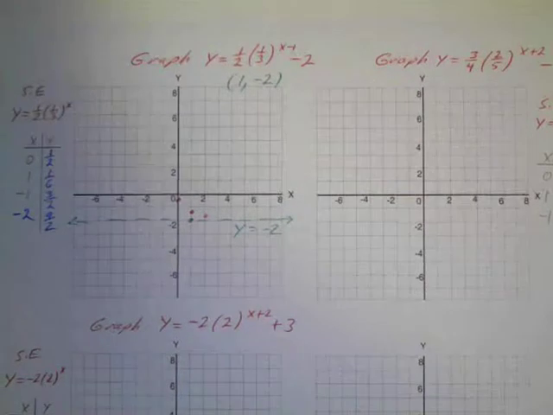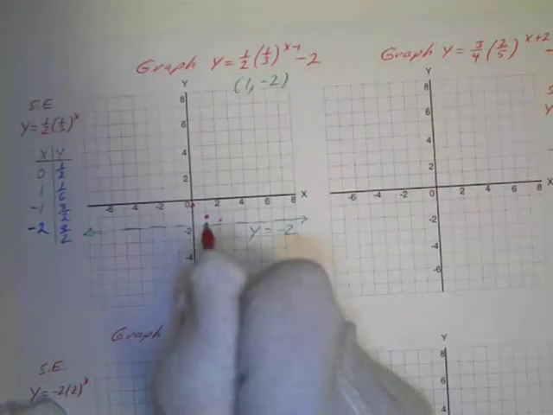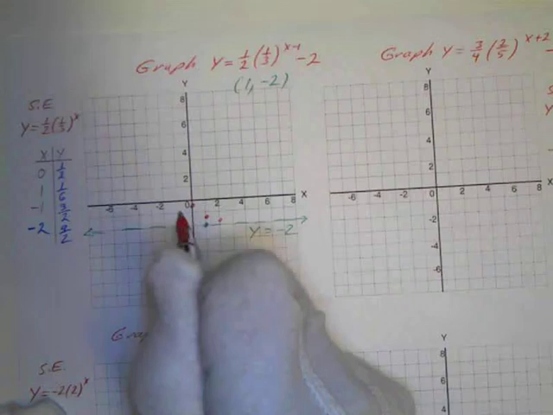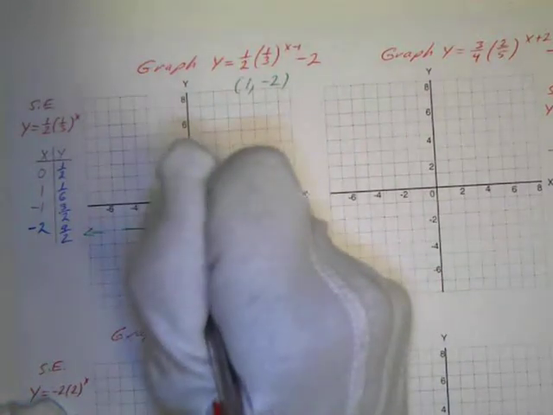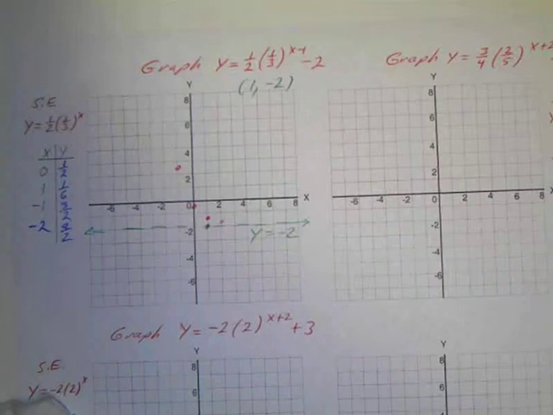So we'll put that point in, negative 2, go 1, 2, and up 4 1/2. 1, 2, 3, 4 1/2. And that'll give you a little bit better idea for the contour. And we'll go like this.